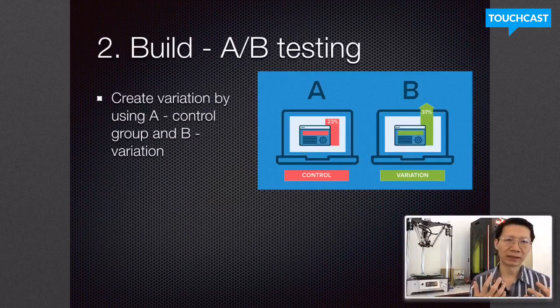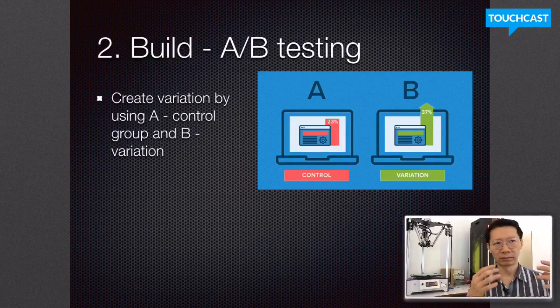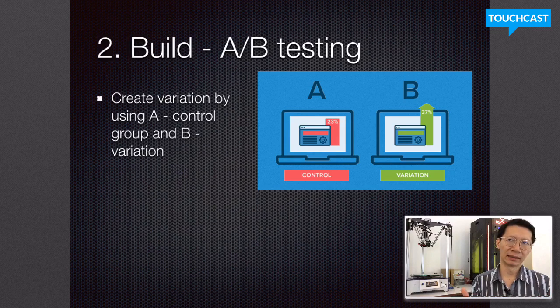The next one, after you have the assumption, you try to build it by using a process called A/B testing. A/B testing is where we create a validation by using A. A is something that you control. For example, the newspaper is the control, and you want to compare it with the newspaper that you restructure or redesign as a variation.